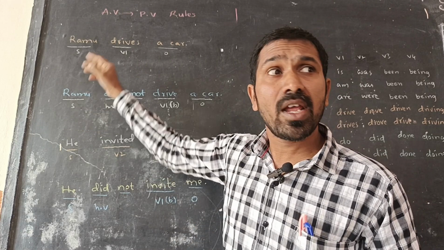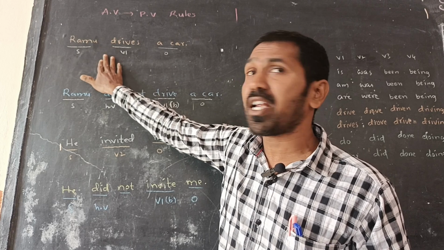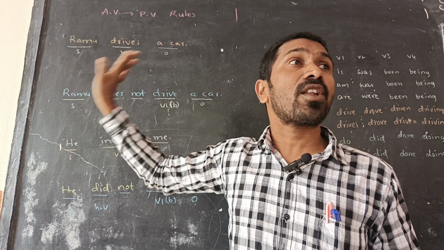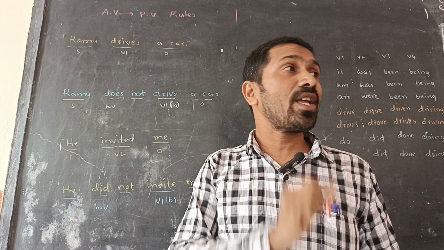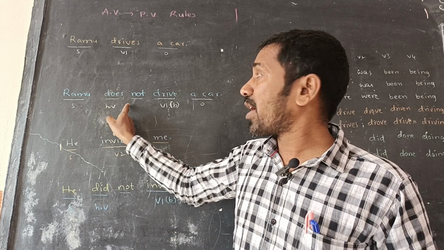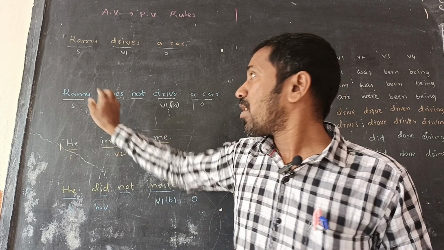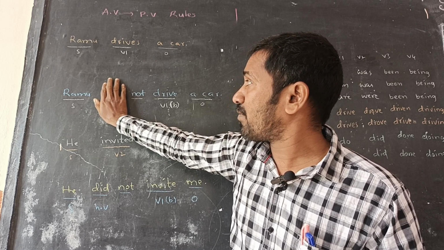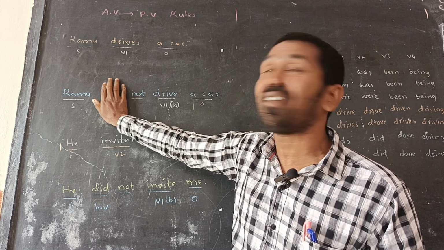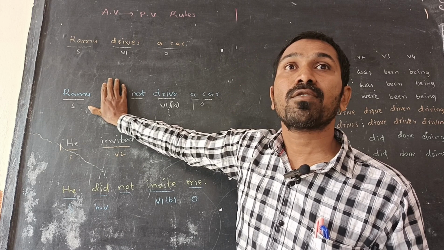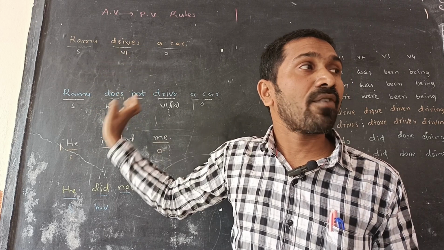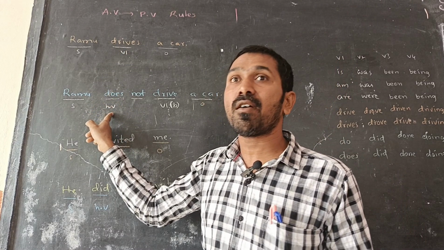Now, if we want to make a negative of the same statement, we simply cannot write not like this: Ramu not drive a car. It's absolutely wrong. So we need some helping verb. What helping verbs do we take?